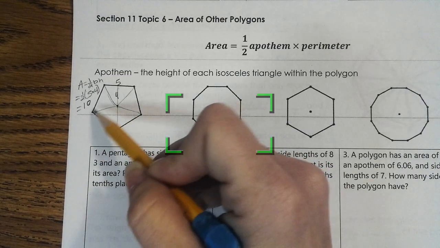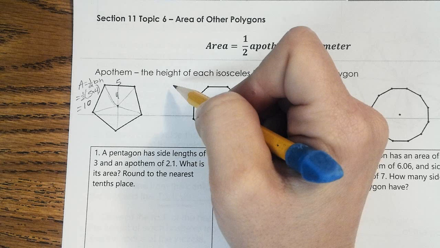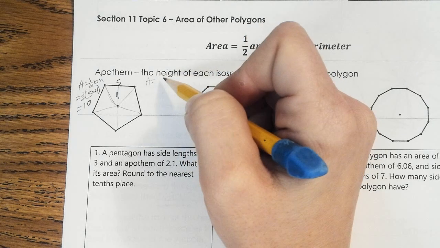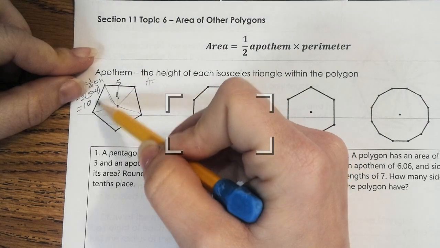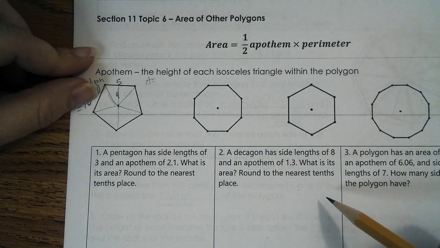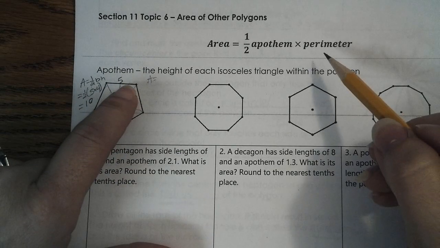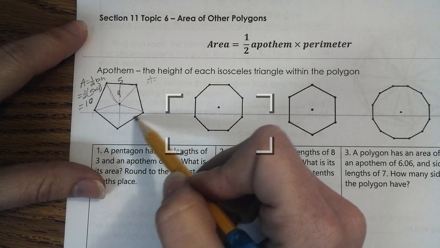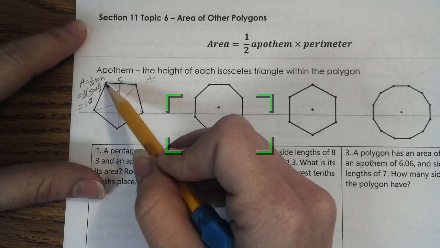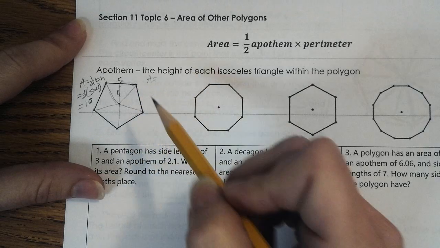But a pentagon has 5 triangles inside it, so to find the area of the whole thing, we could take that and multiply it by the number of sides. When we're multiplying it by the number of sides, we are taking this base and finding the perimeter of that. Remember, the perimeter is the distance all the way around. So if this side is 5, that one's 5, that one's 5, that one's 5, that one's 5.